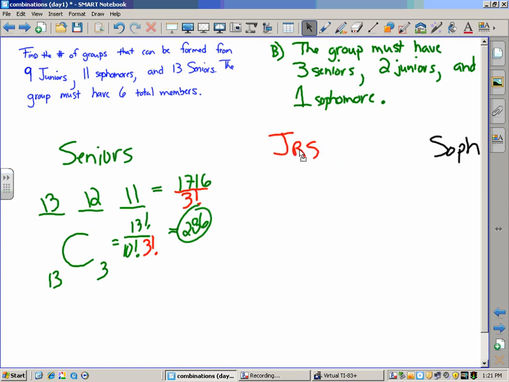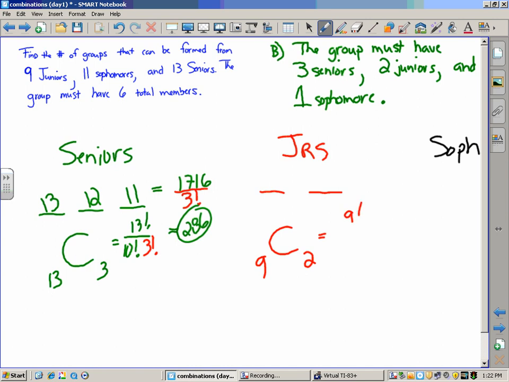Okay, our juniors. Juniors, we have a combination. How many do we have to choose from? We only choose 2 as our juniors, but we have 9 to choose from. So we have 9 choose 2.